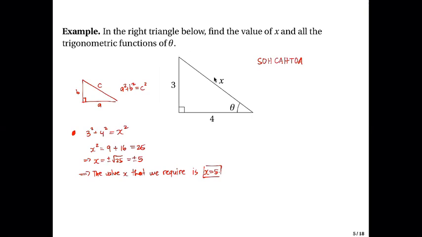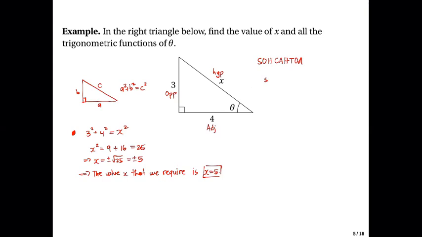Since this is your theta, this is your adjacent, this is the opposite, and this is your hypotenuse. Take note, this is your theta, so this is your adjacent, this is your opposite. And therefore, we want to answer this second part, all trigonometric functions of theta.